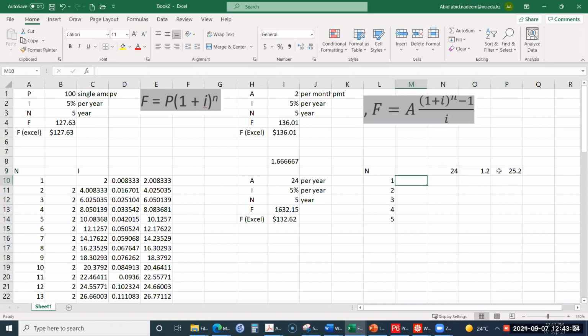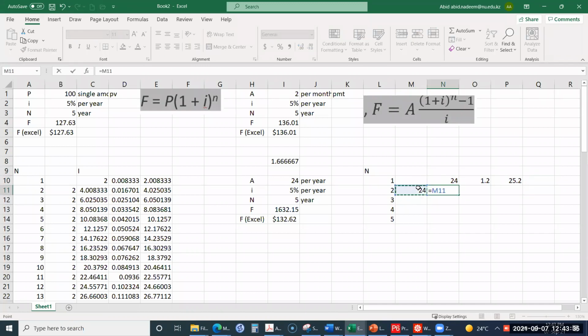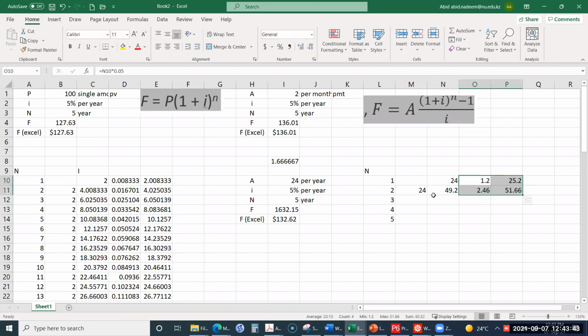And then, okay, then you deposit 24 more. So the amount will be this plus this, and you will go like this, and then 24 like this, and if I continue like this, 132.61.